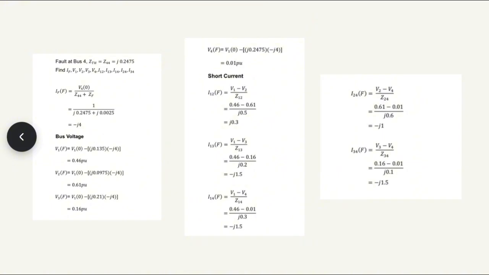For I14, the formula is V1 minus V4 divided by Z14, so the answer is negative j1.5. Same for I24 and I34, use this formula and get the answer. So that's all for me. Thank you.